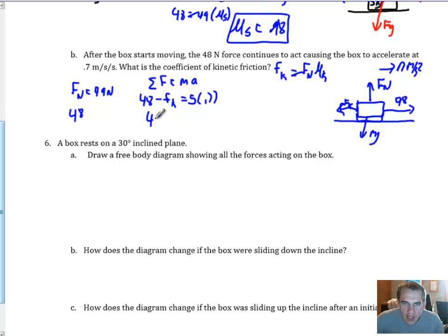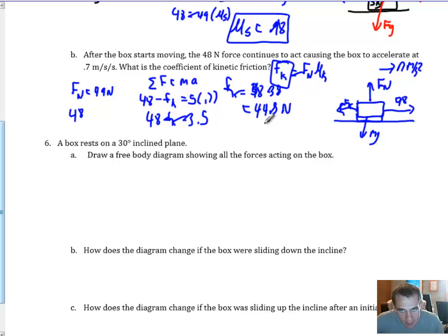So now I have 48 minus the frictional force equals 3.5. I subtract over the 3.5 and add over the Fk, and the frictional force is 48 minus 3.5, which equals 44.5 newtons.